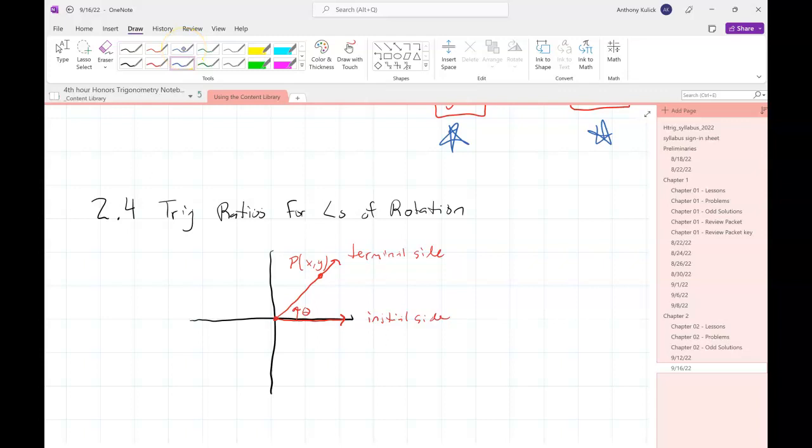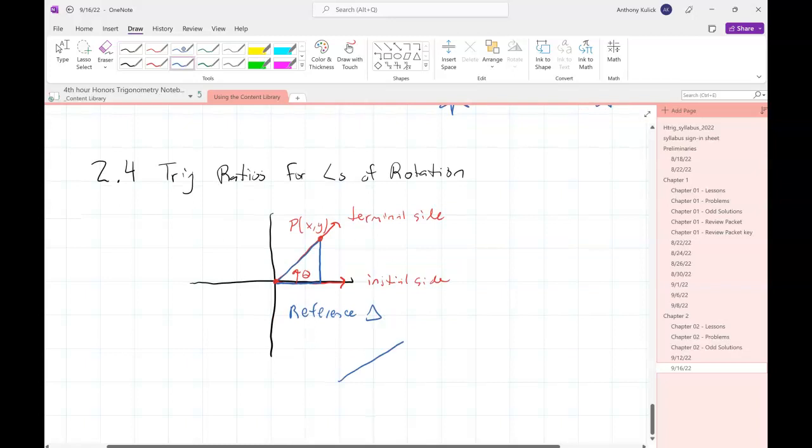What I can do then is build something called a reference triangle. I'm just going to redraw that down here so it's not so messy because the picture gets a little crowded here. What is the length of this leg on my reference triangle?